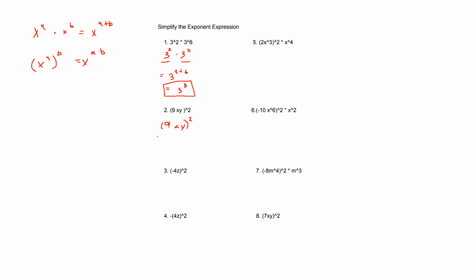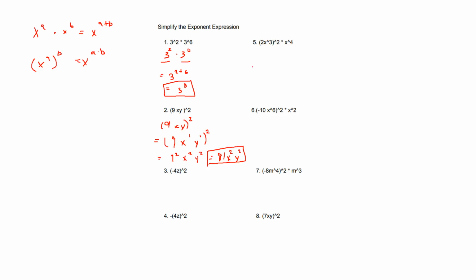So here, we could use this because we know that this is basically this, right? It's the same thing because x to the power of 1 is just x, and y to the power of 1 is just y. So if you distribute that squared, then it's 9 squared times x squared times y squared. And that simplifies to 81 x squared times y squared.